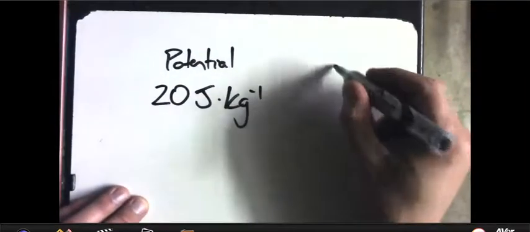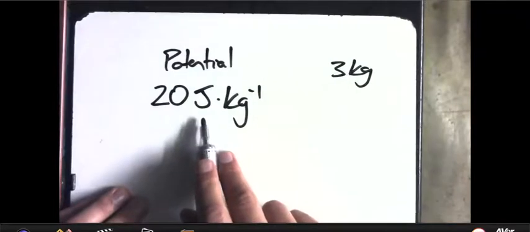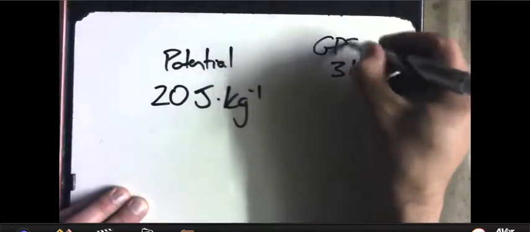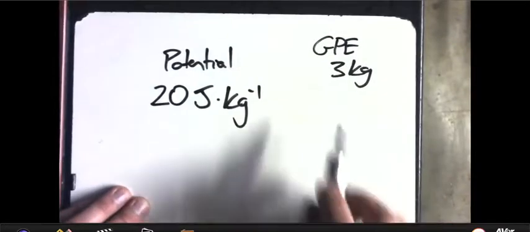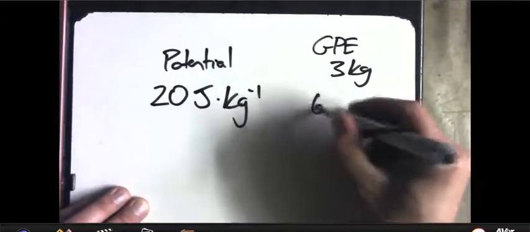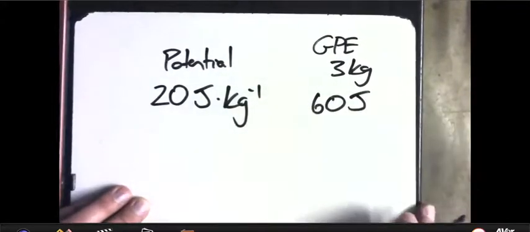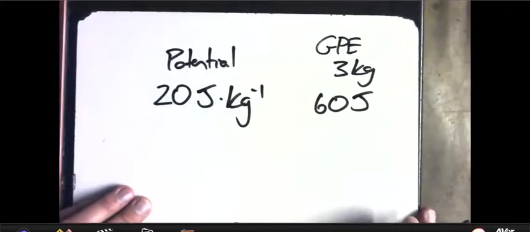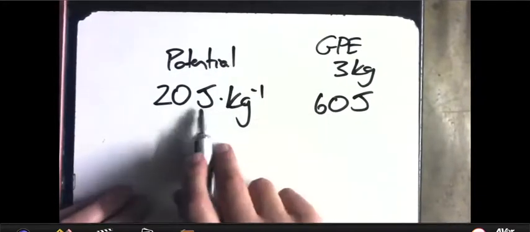Now, if I've got a 3 kilogram object, then I don't have to calculate the joules, I can just calculate the gravitational potential energy. And then I times that, so that will be 60 joules of energy to lift that object up to this point.